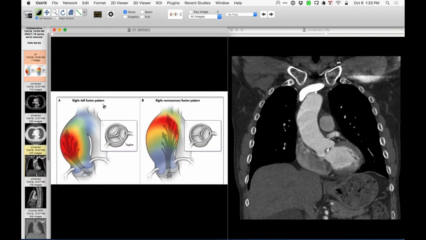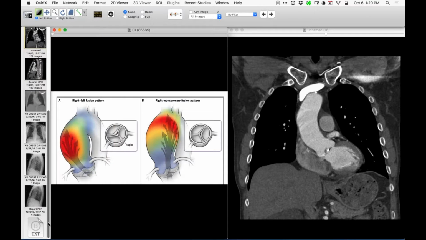People talk about different fusion patterns, but the most common is the right and left fusion pattern, in which case the jet or the hemodynamics favors dilatation involving this lateral portion of the aorta, rather than this fusion pattern that tends to involve that portion of the aorta.